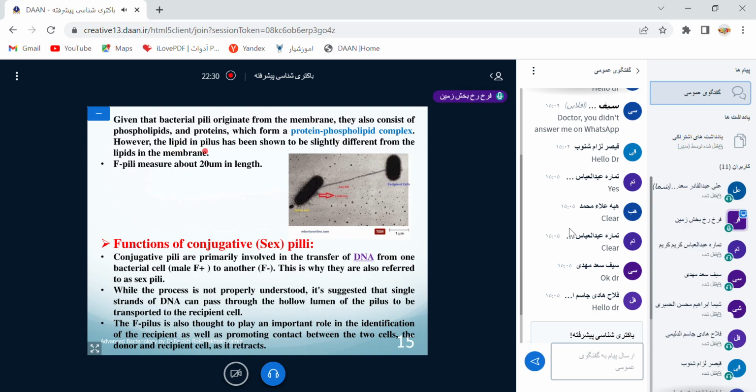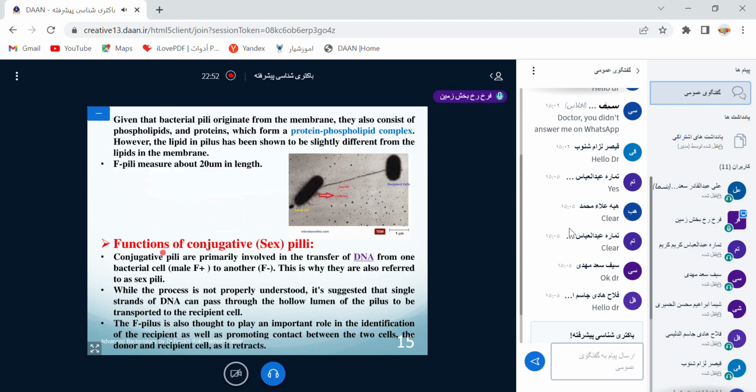However, the lipid in the pilus has been shown to be slightly different from the lipids in the cytoplasmic membrane. F pili measure about 20 micrometers in length.